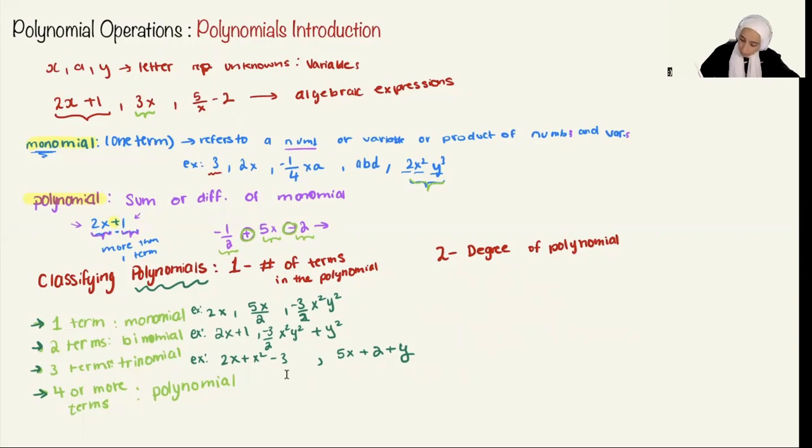So if I have something like this, let's just write that down first. Degree of polynomial is the highest power in the polynomial.